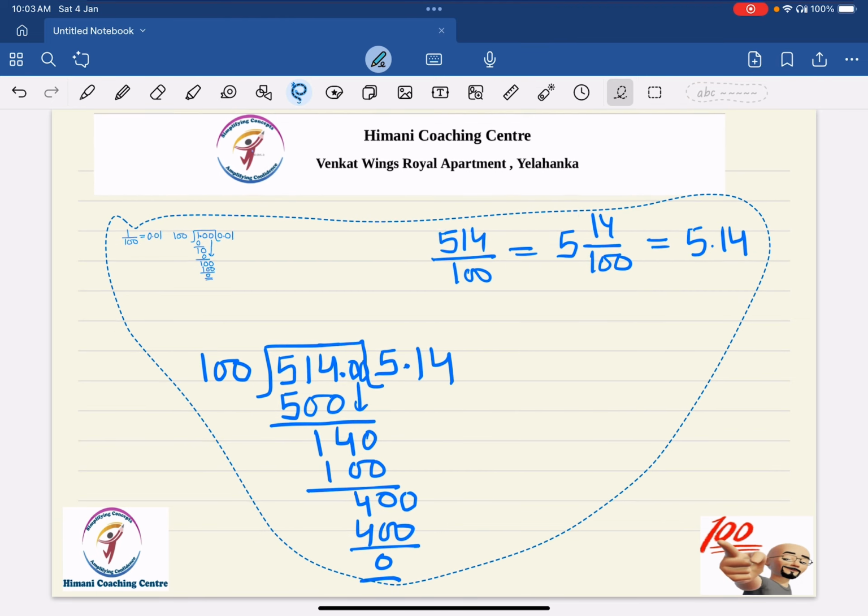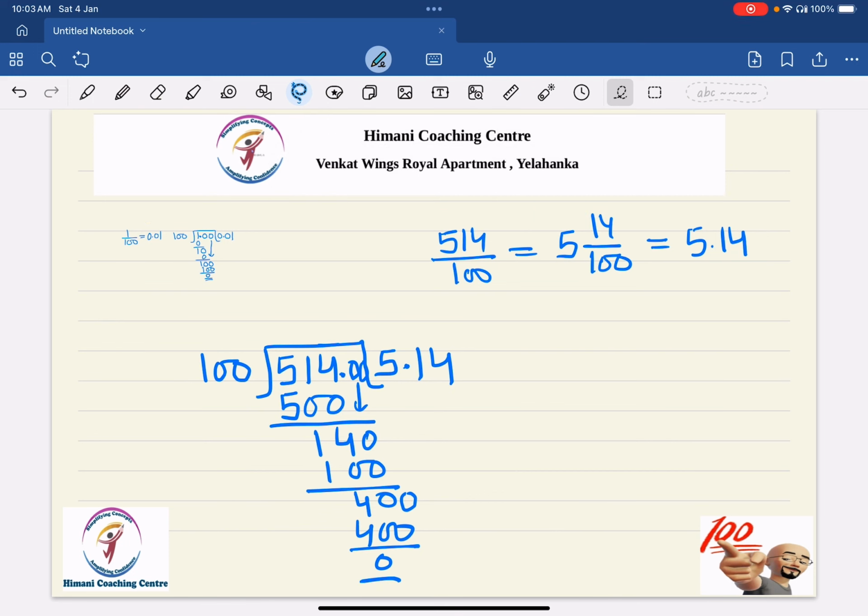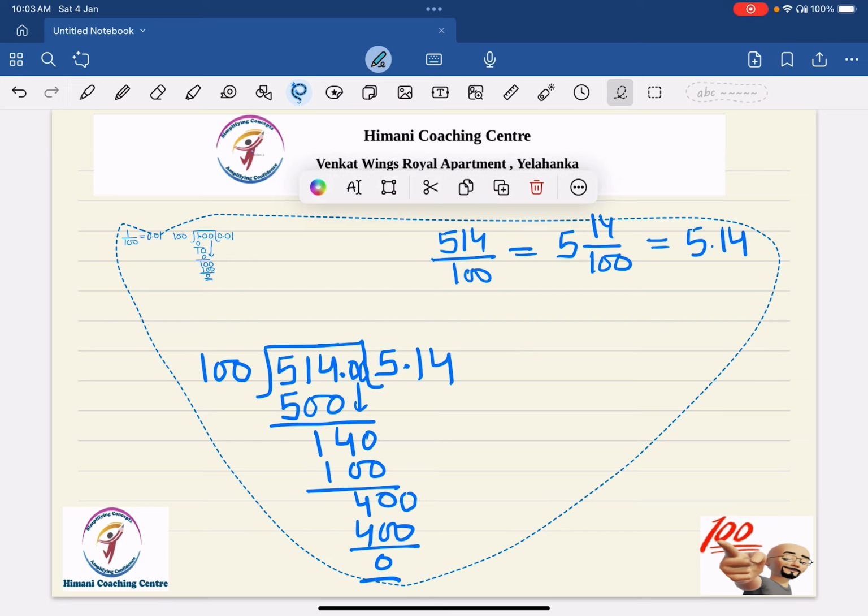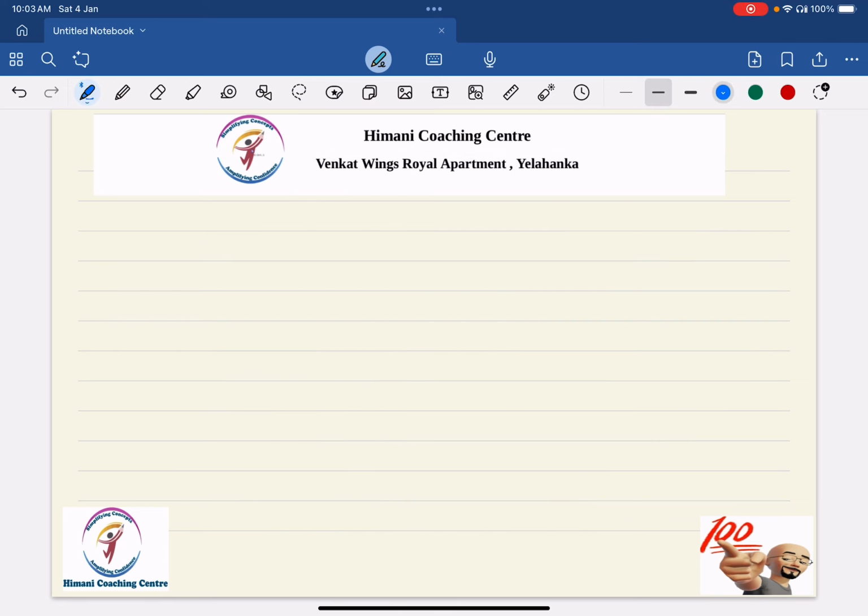Now I will give you a simple trick, that rather than solving and dividing, we can quickly do this just by following a trick. So let us do the trick. See, we have to divide 1 by 10. You just count the number of zeros. How many zeros are there in 10? 1 zero.